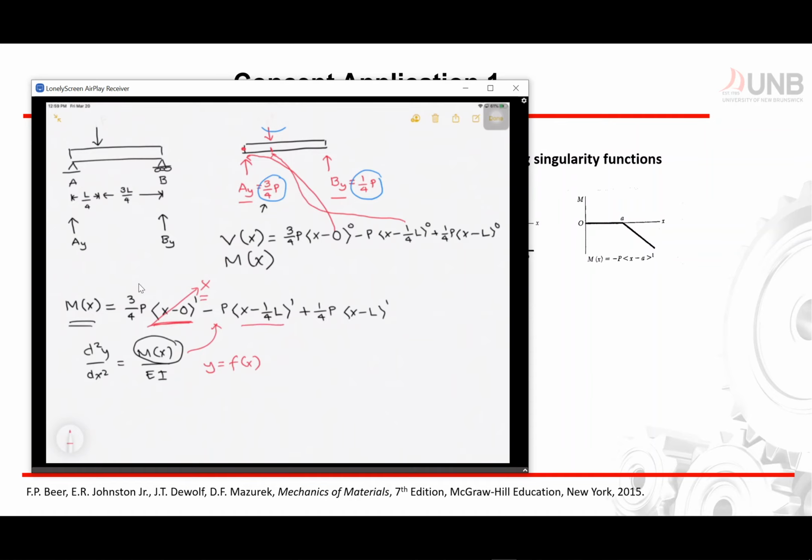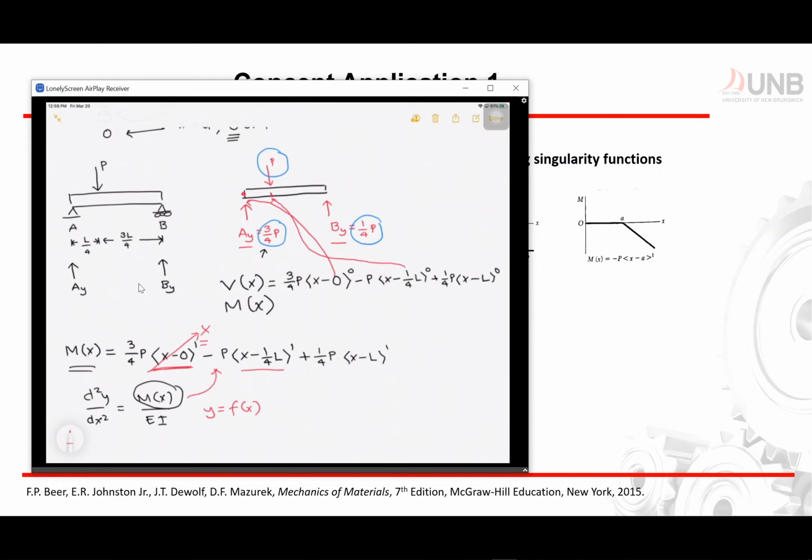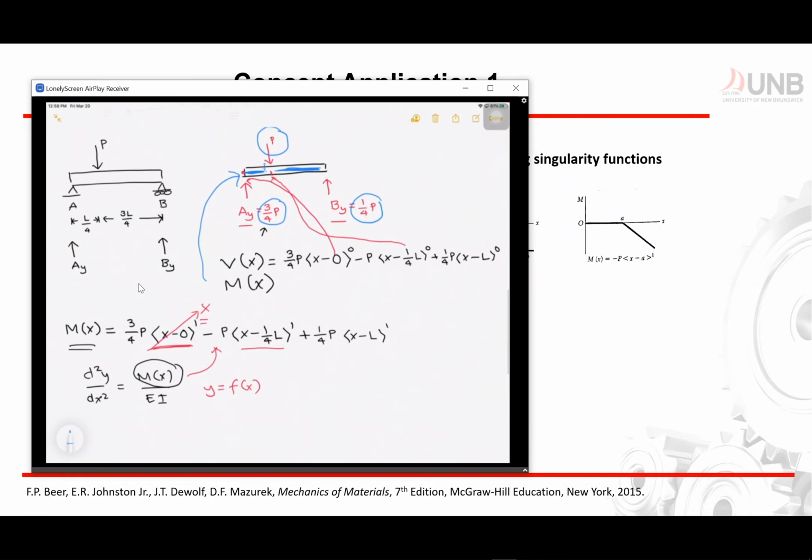Now we look at the second term, x minus 1/4 L. This is a bit tricky because if we look at our beam, going to change color. So if we look at our beam right here, your x at this specific point before your p is less than 1/4 L. So in that region it's less than 1/4, and it's more than 1/4 in this region after your p, which means this is difficult to evaluate, so we can leave this one as it is for now.